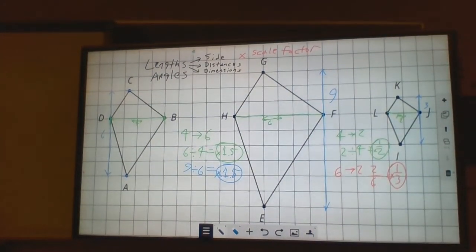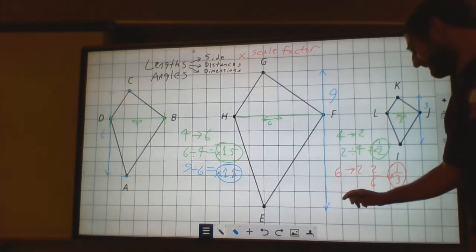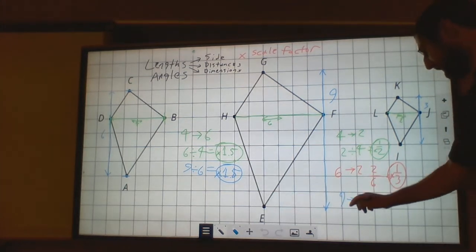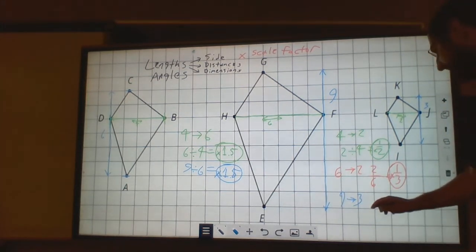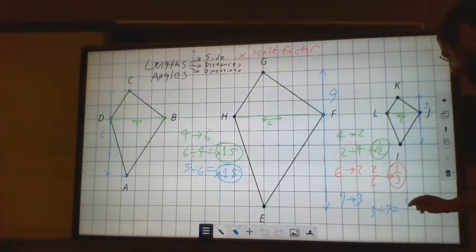And just to make it so clear, we can start with the 9, and we can go down to 3, and that means 3 divided by 9 equals 1/3. So once again, we have confirmed the relationship.